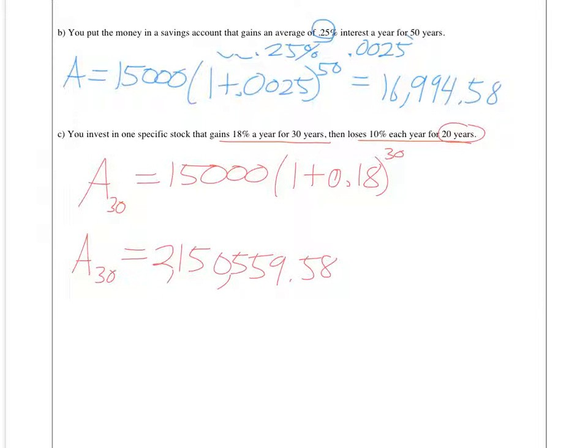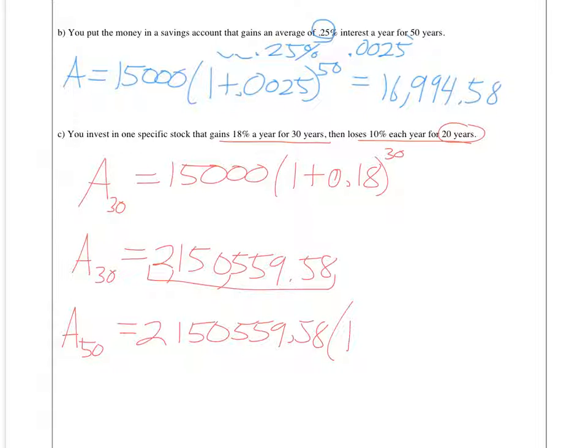Next, I've got to take a look at what happens over the next 20 years. So my amount at 50 years is going to be my amount at 30 years, 2,150,559.58, times 1, and instead of gaining, we're losing 10%, so minus 0.10, and that's to the 20.